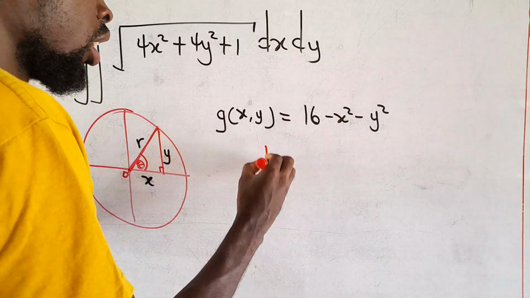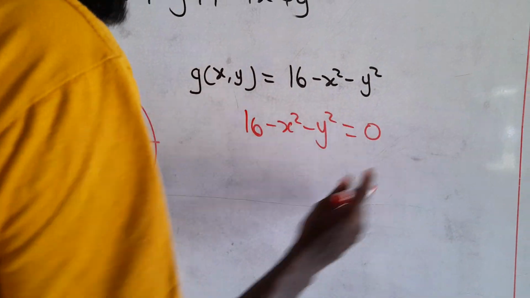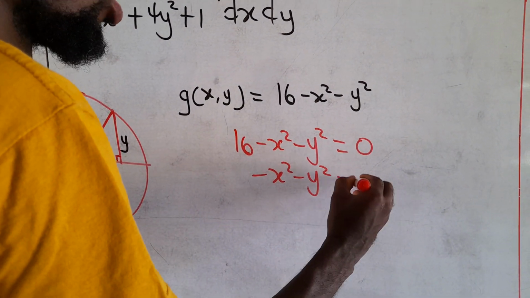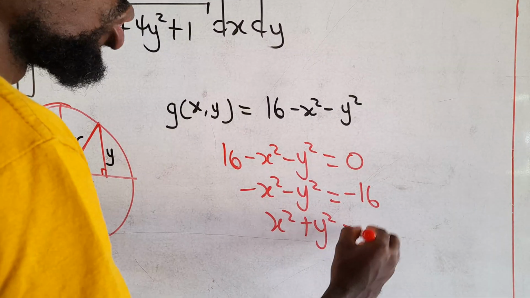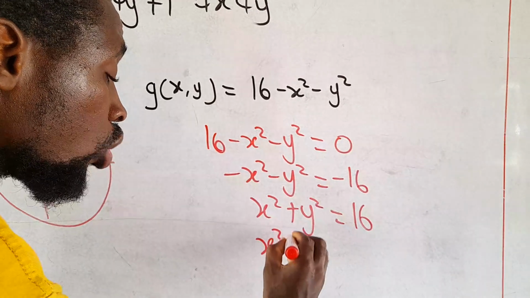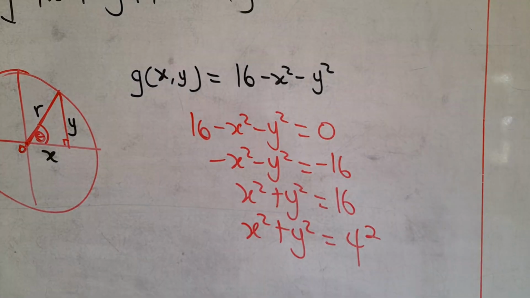So we say 16 minus x squared minus y squared should be equated to 0. And you can say minus x squared minus y squared equals minus 16. x squared plus y squared will be equal to 16, multiplying through by negative 1. Then you can say x squared plus y squared is equal to 4 squared.